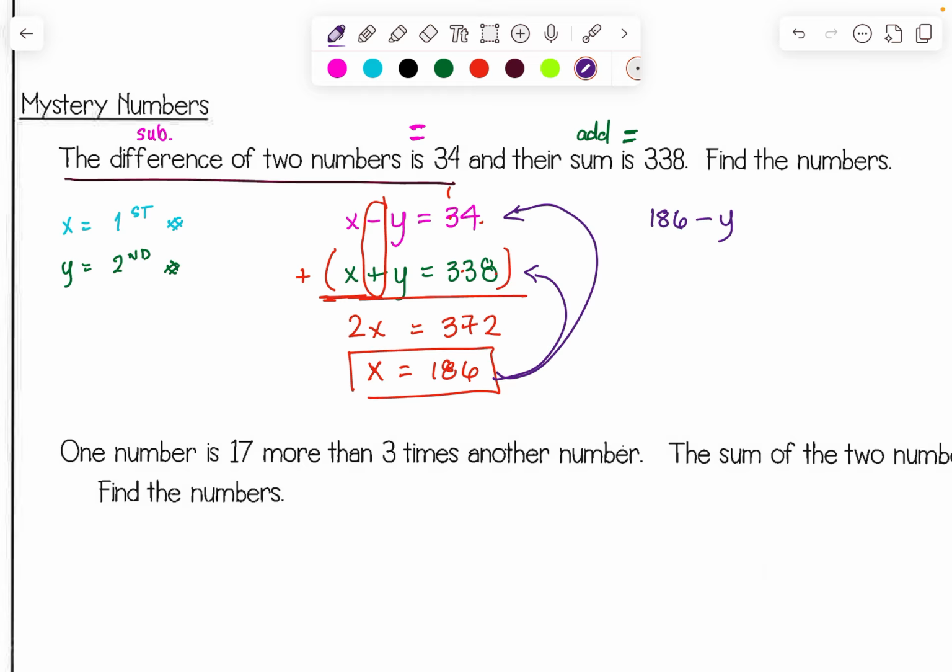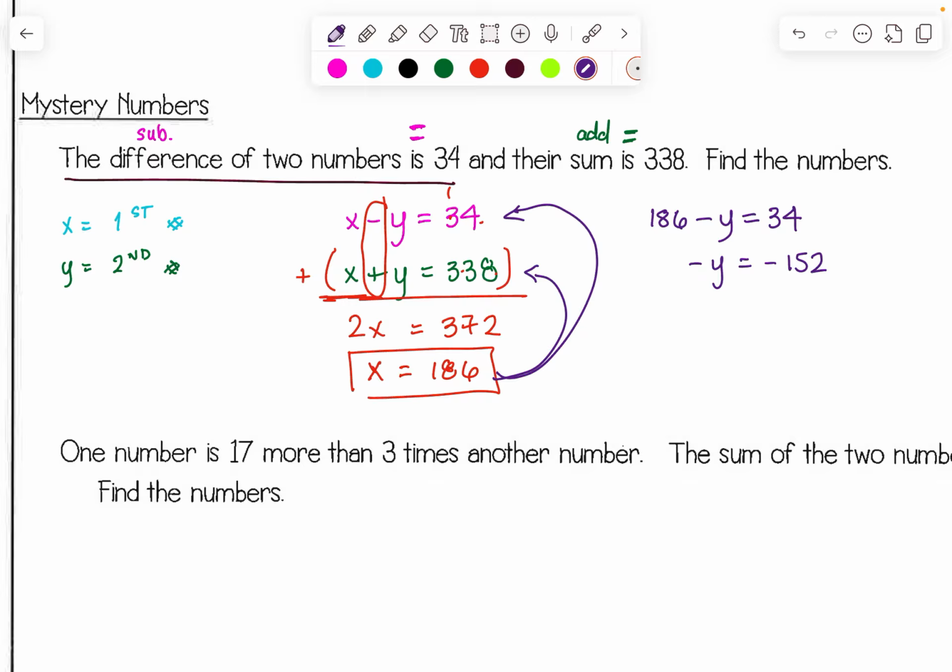186 minus y is equal to 34. Folks, I chose the top one because I'm working with smaller numbers. If I subtract 186 from both sides, I get negative y is equal to negative 152. Use a calculator if you have to.